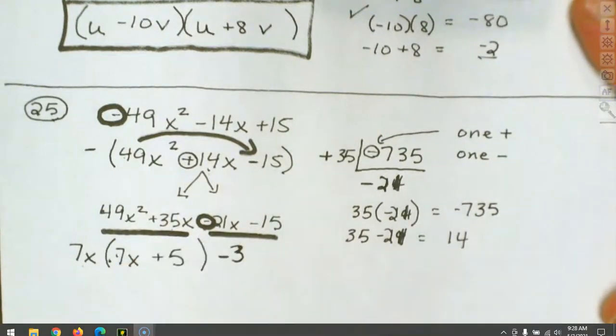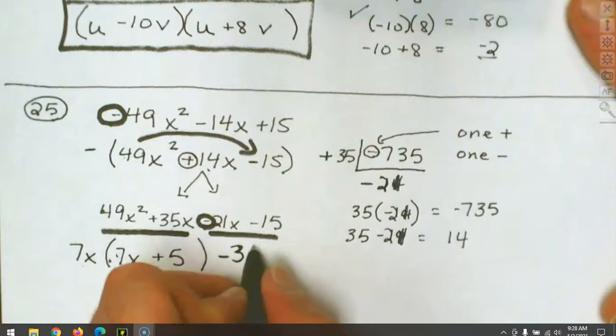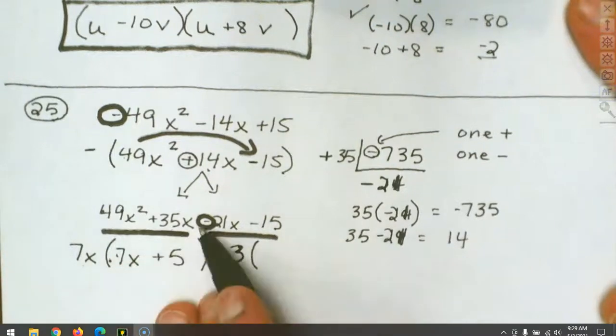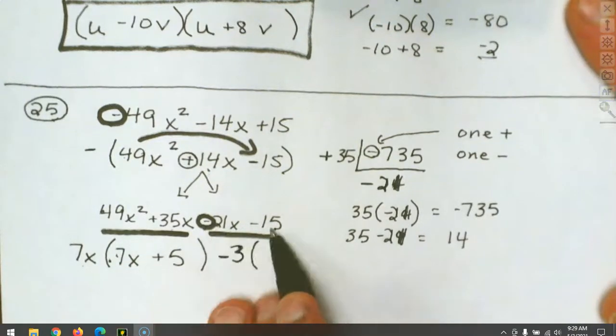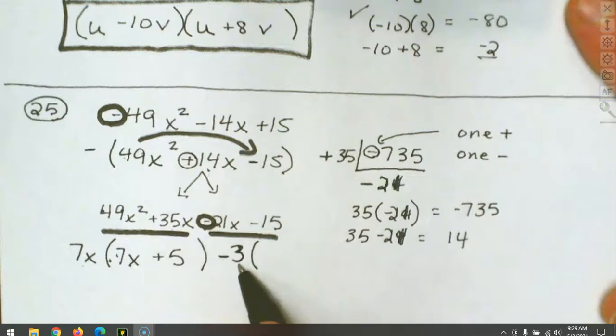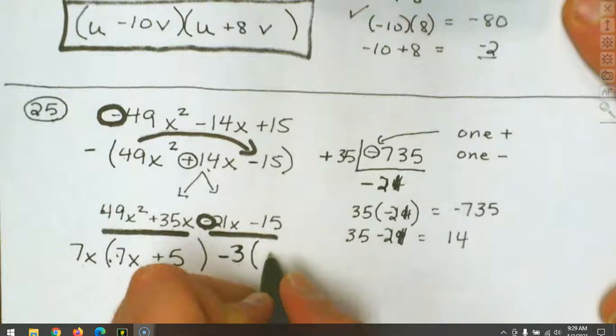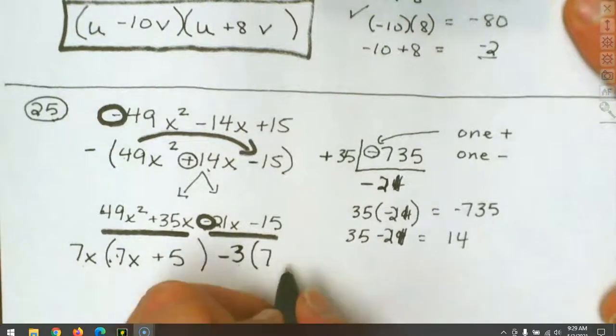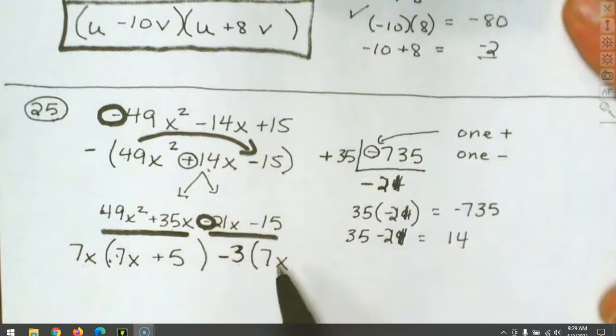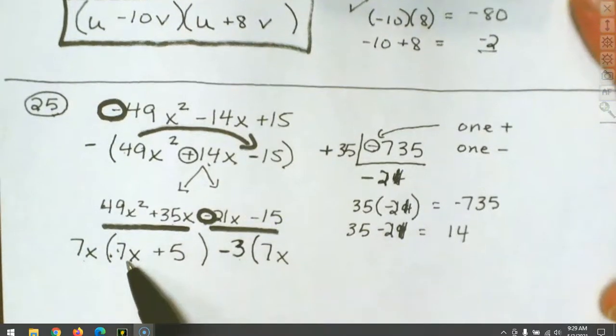You need a 3. So we're going to factor out a negative because it began with a negative, and these have a 3 in common. Negative 21 divided by negative 3. Negative and negative makes it a positive x. See how these match. We know we're on the right track.